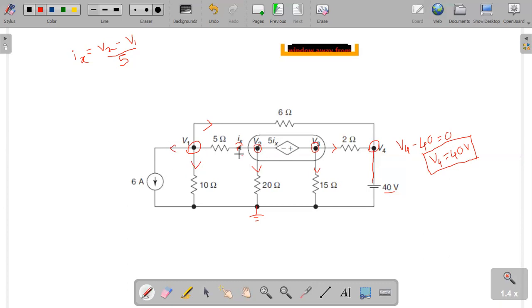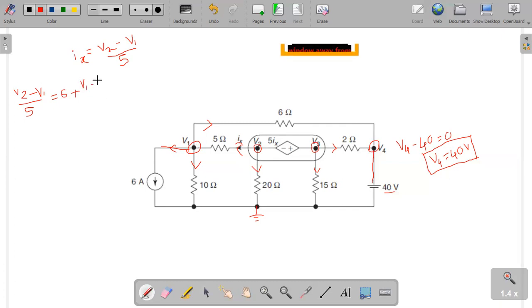The only incoming current is Ix, which I can write as (V2 minus V1) by phi. So (V2 minus V1) by phi is equal to the outgoing currents. Let me consider this as the first outgoing current, which is equal to 6 ampere directly, plus the outgoing current in the second branch, which is (V1 minus V4) upon 6 by Ohm's law.